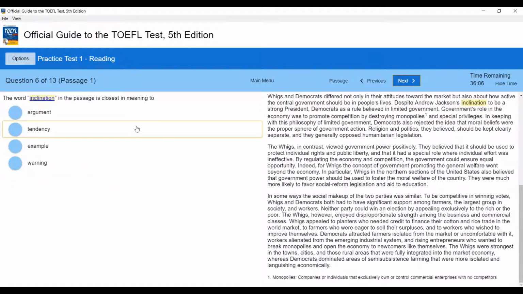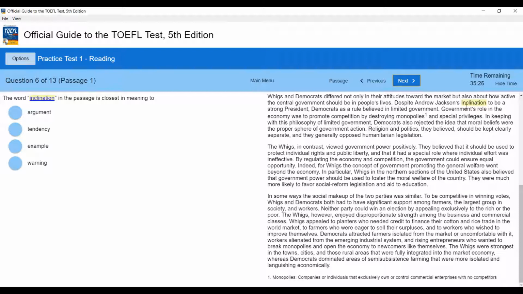Okay. Next, another vocabulary question. Incline is a verb. Ation is the noun form of this. And incline, if you can think of this like a hill or a mountain or stairs, would be like going up, and it would be the fact that something has gone up. Now, despite Andrew Jackson's inclination to be a strong president, this is a bit more like he had a tendency.